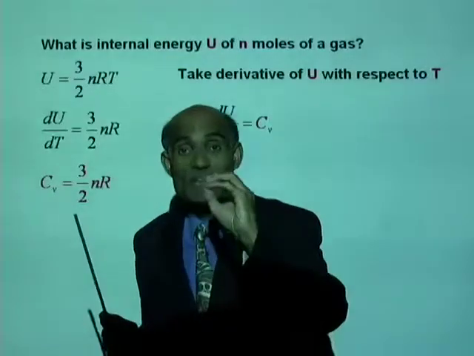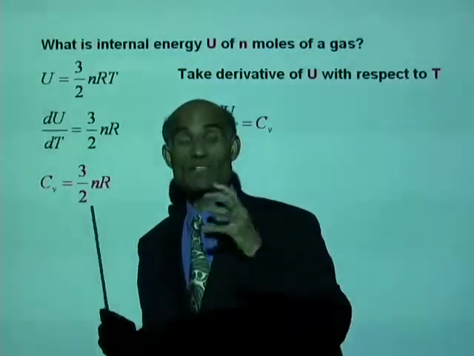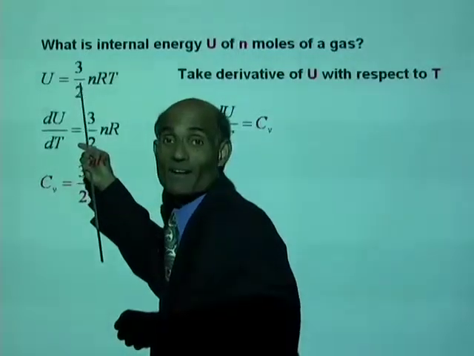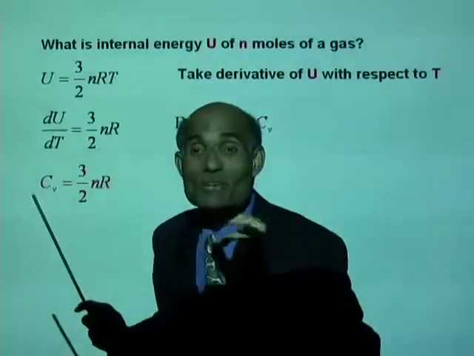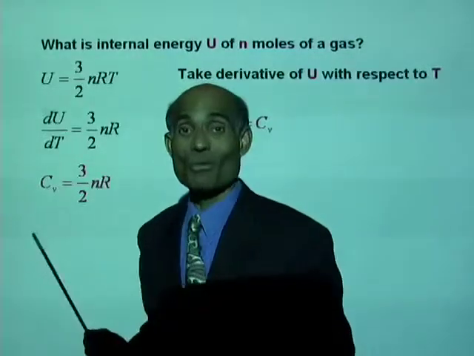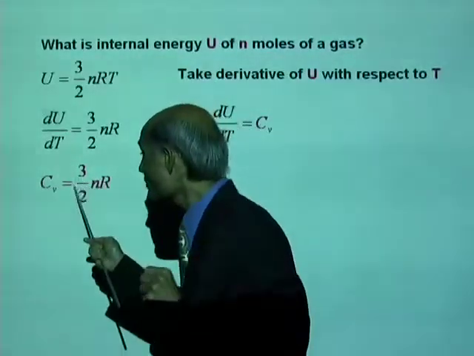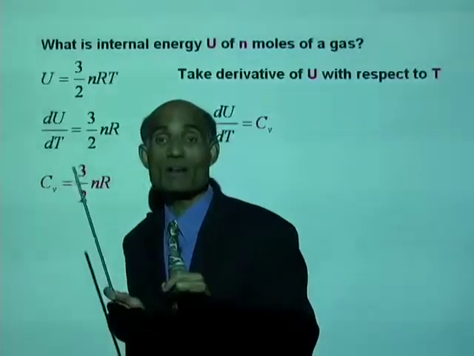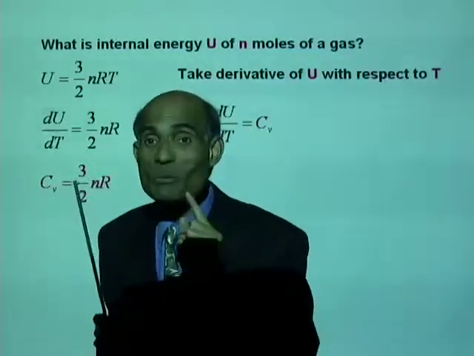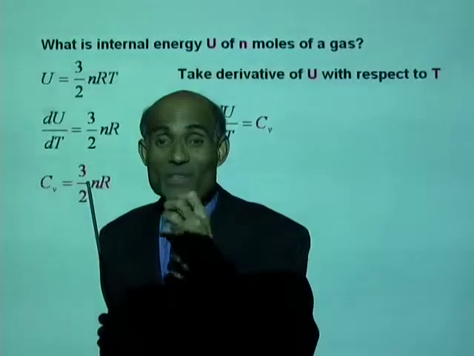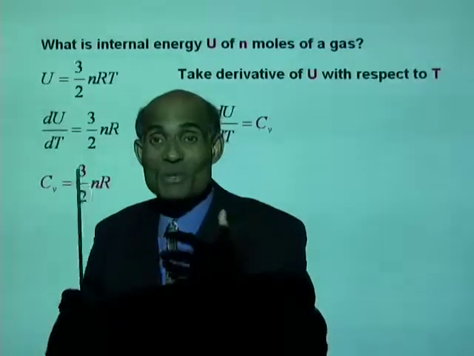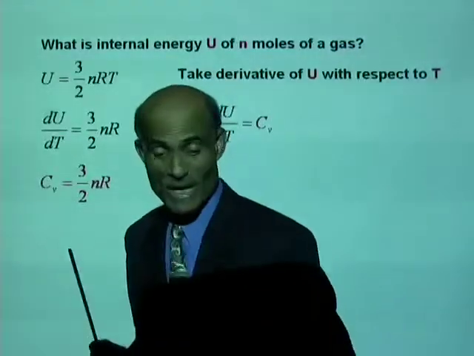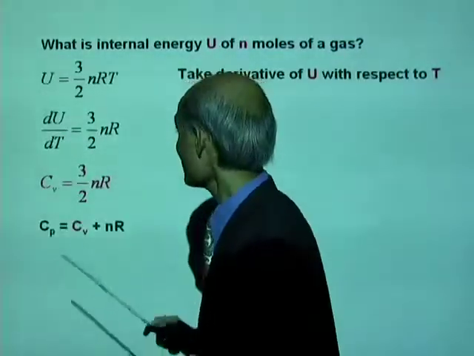If it does as the experimental value, then I can say yes, the assumptions we made were right. On the other hand, if the measured value does not give 3/2 nR, then we made a mistake and our assumptions were not right. See, look at the way science operates. Alright, let's go and have a look at this.